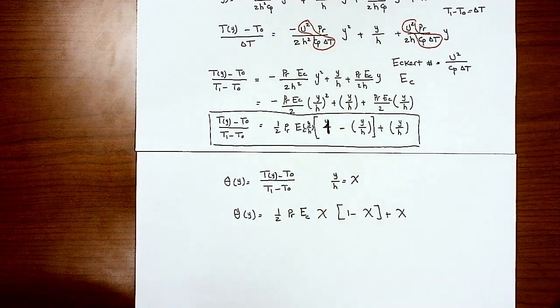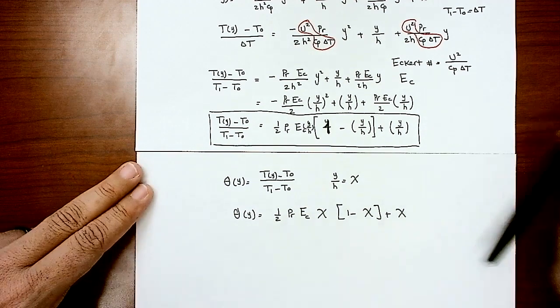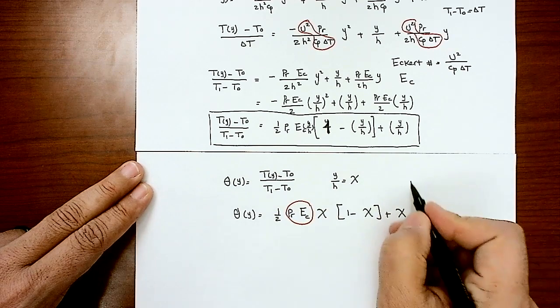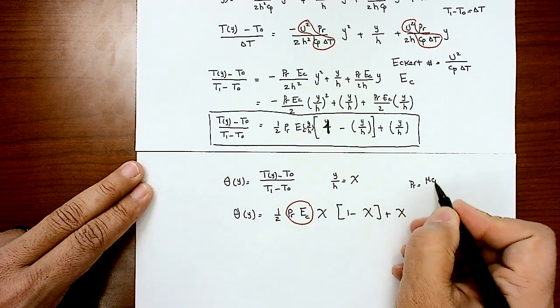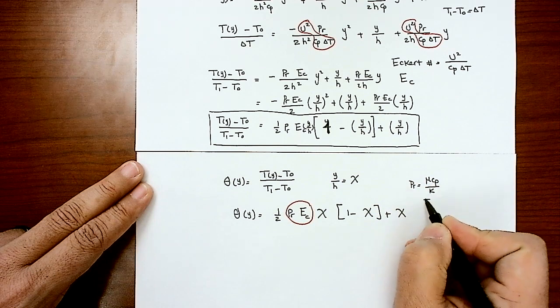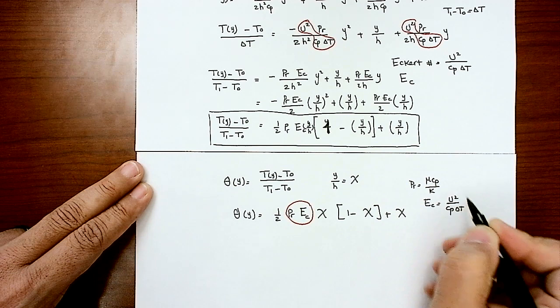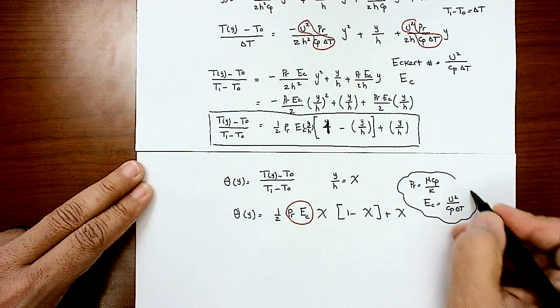So to plot the dimensionless temperature distribution, you need the combination of Prandtl and Eckert number. Again, remember, Prandtl number is mu Cp over K, and Eckert number is U squared over Cp delta T. These are the two dimensionless numbers.